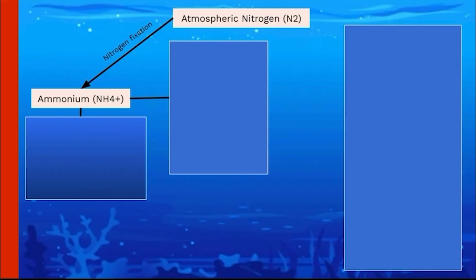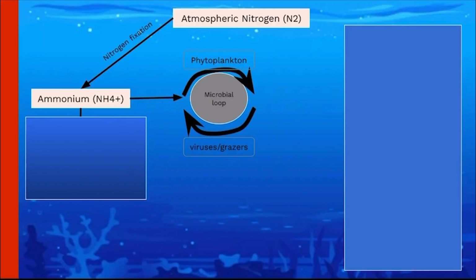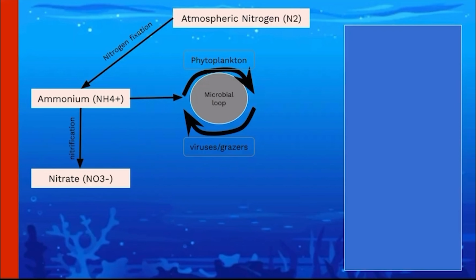For open ocean nitrogen cycles, nitrogen in the atmosphere undergoes nitrogen fixation to become ammonium. This ammonium can be taken up by phytoplankton to enter the microbial loop between phytoplankton and viruses or grazers. The ammonium is then converted into nitrate by nitrification.